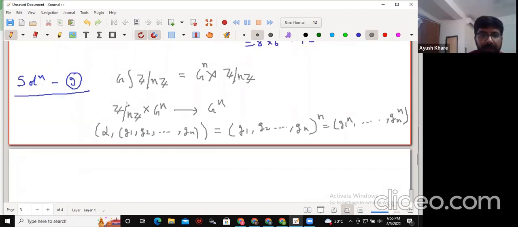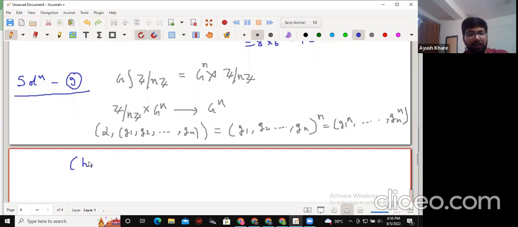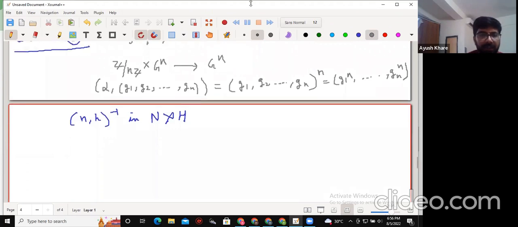So what is the inverse of (n, h)? What notation are we using? N and h, right? (n, h) inverse in N semi-direct product H. It was an exercise in your lecture notes, I guess.